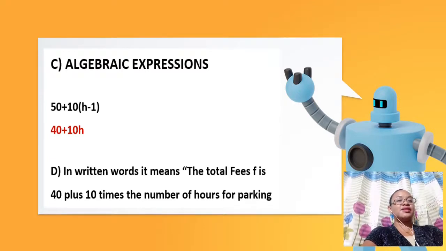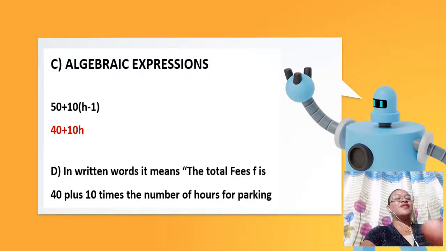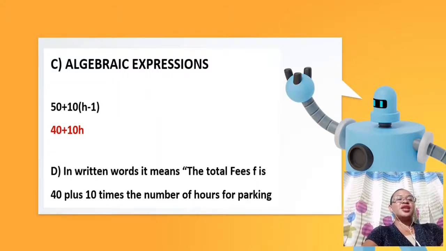After distributing 10, we simplify and then we get 40 plus 10h. That is now our final algebraic expression for this situation. Okay, that's the algebraic expression that represents or models the real life situation earlier. Okay, next, we will give the meaning of that algebraic expression.